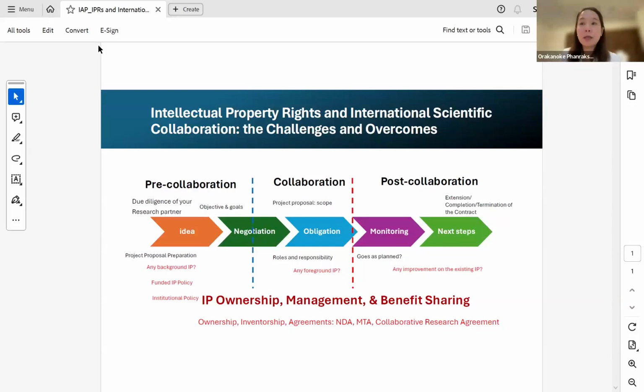And when the project is over, if you want to go to the next phase, you might feel regret later on, because you might not be able to make certain improvements because of the obligations under the agreement of the former project. This has been ongoing, in particular in Southeast Asia.